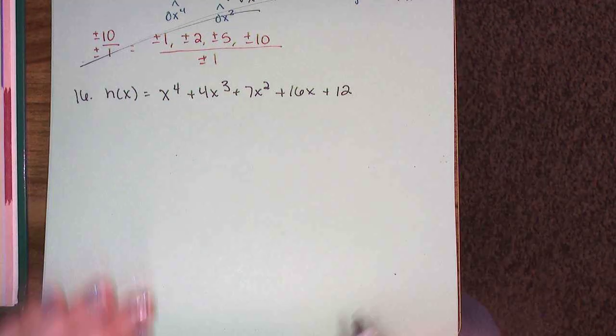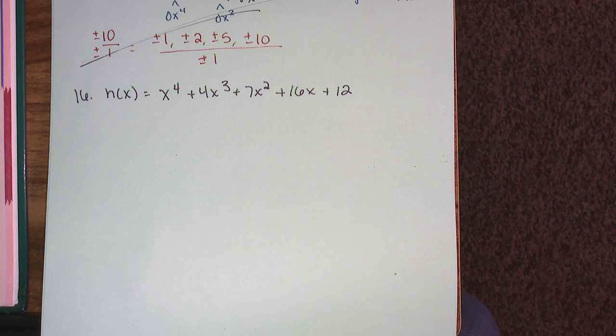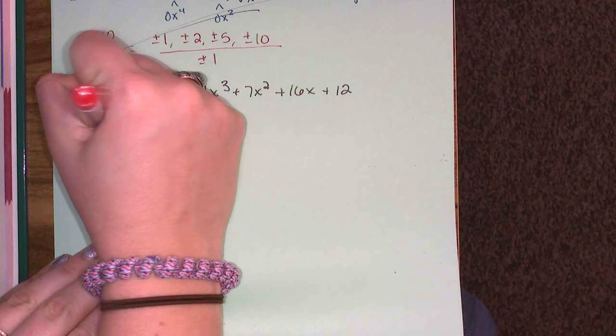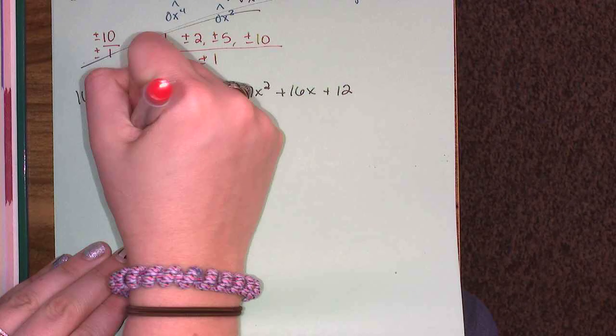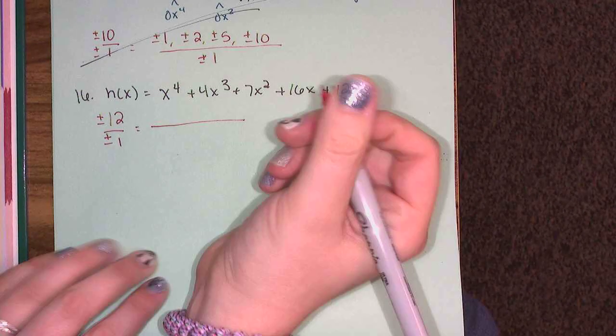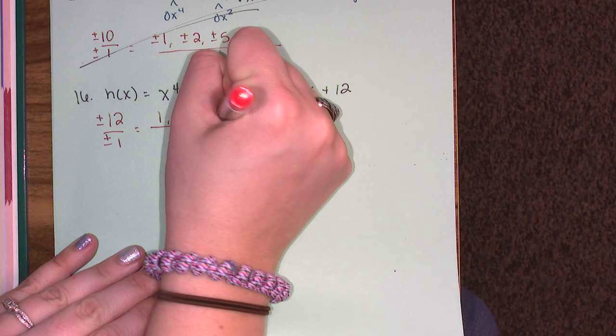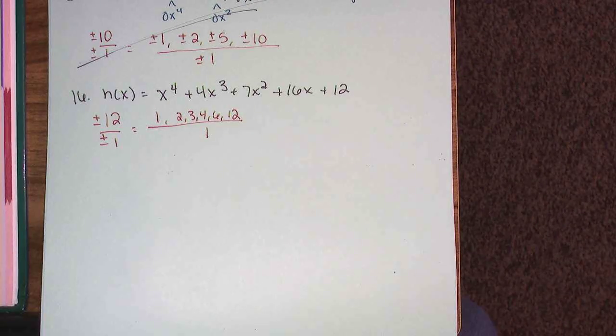Alright. So, new problem, number 16. As long as y'all remember that they're plus or minus, once you get to this section, I don't really care if you write plus or minus. Just remember that it is plus and minus.